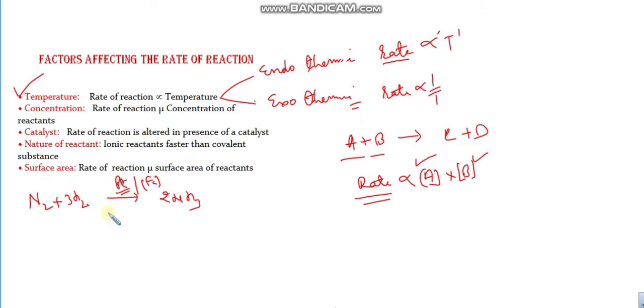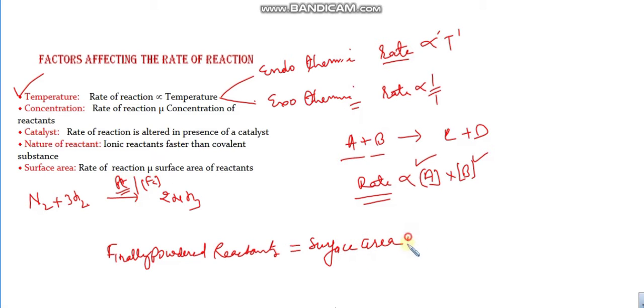Surface area means finely powdered. If we use finely powdered reactants, their surface area increases. So the greater the surface area of the reactant, the greater will be the rate of reaction, because when surface area increases, they can react with another reactant easily.